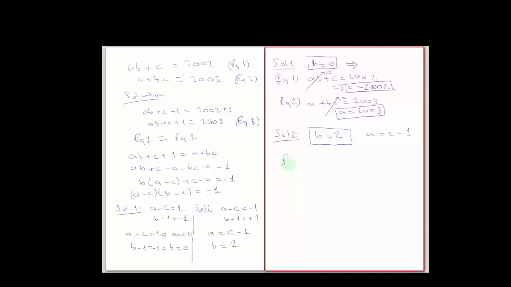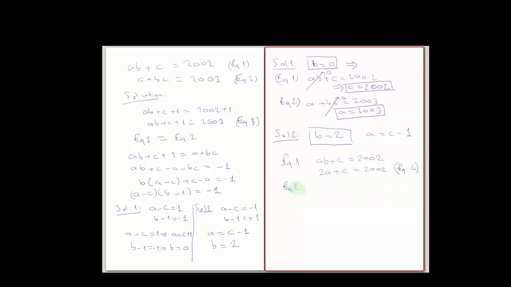From equation 1, let's write it down: AB plus C equals 2002, B equals 2, then 2A plus C is equal to 2002. Let's call this equation 4.